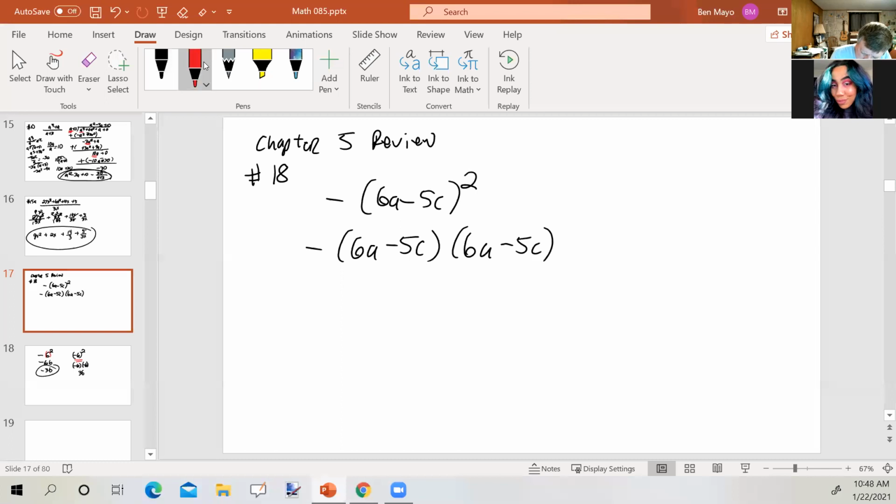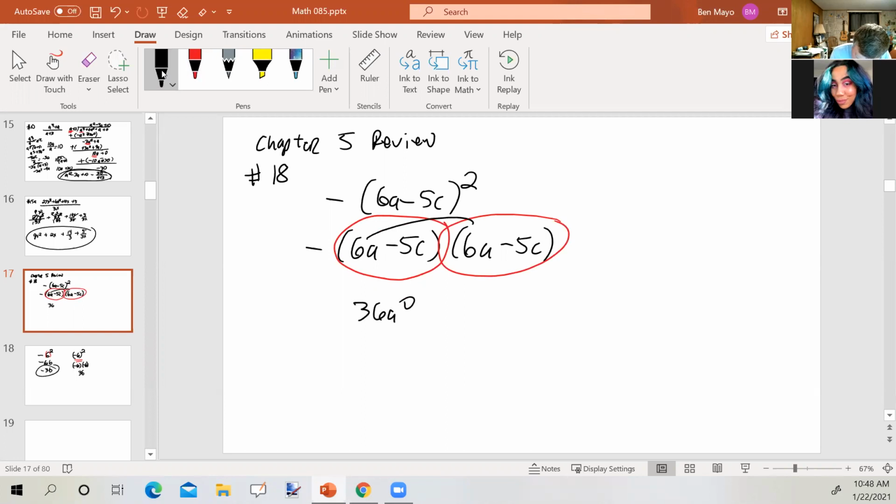So basically, I'm going to do this first. Okay, so I'm going to get 36a squared. And either method works. This is just my preference. And if you want, I'll go back and do it the other way in a minute. You tell me and I will. Then I've got what? Minus 30ac minus 30ac plus 25c squared.